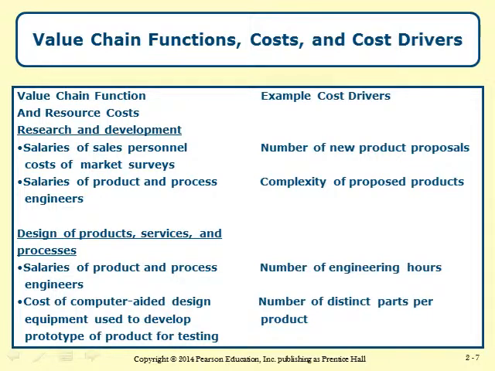For marketing, the cost drivers might be the number of new product proposals or the complexity of proposed products. With respect to research and development, we could talk about a cost driver such as the number of engineering hours or the number of distinct parts per product or labor hours. So there are multiple different dimensions to this idea of cost driver as it relates to the value chain.